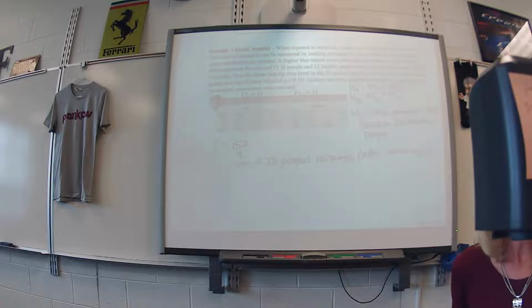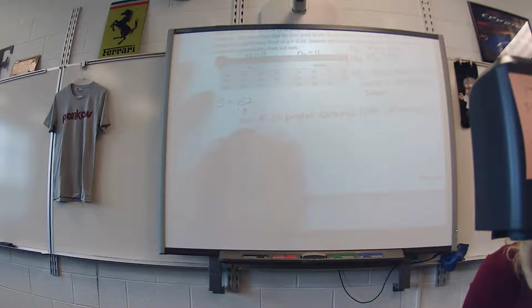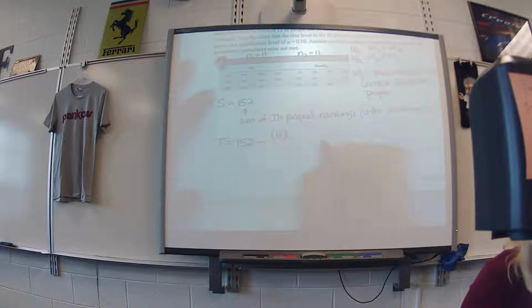All right, so S is used to calculate your test statistic. So your test statistic is, and you're going to have a formula page, S minus the n size of group 1, which was 11, times that n size increased by 1, and that gets divided by 2.